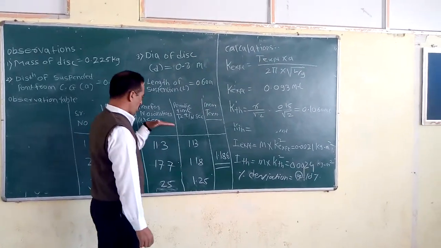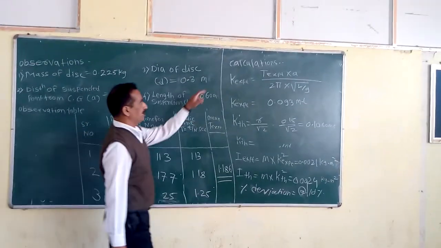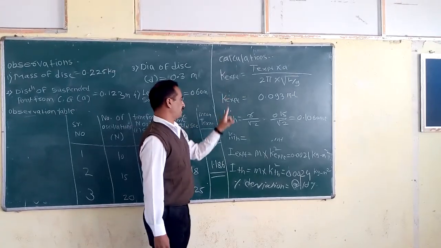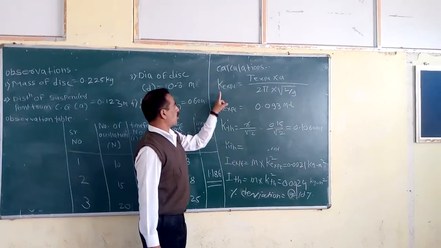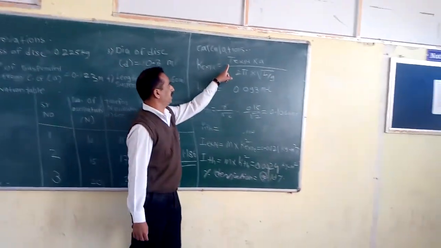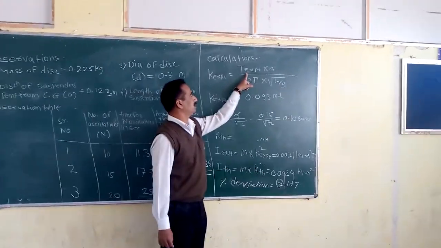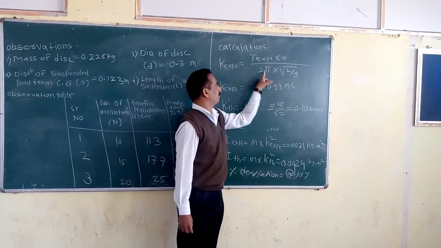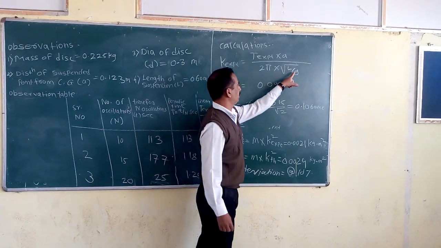Now after the observation table, the next part is calculations. In our calculation our aim is to find K experimental and K theoretical. For K experimental the formula is T experimental, which we have determined from the experiment, into A, divided by 2 pi into under root L by g.